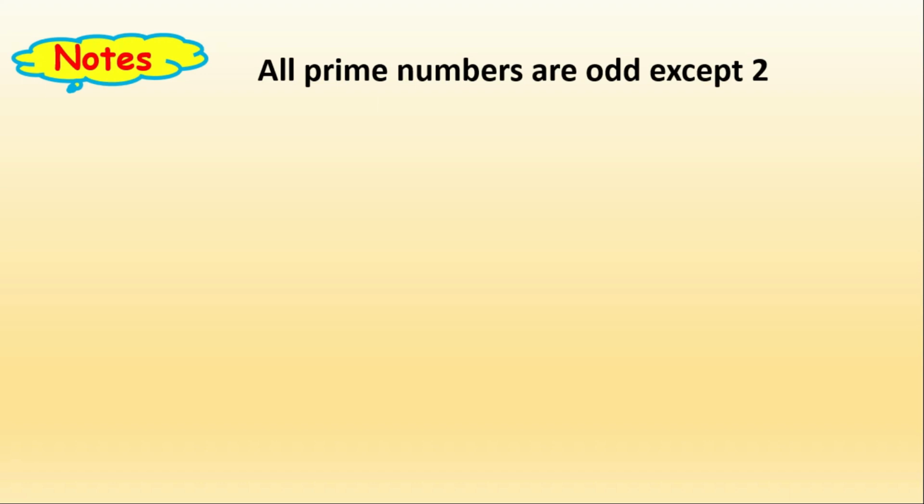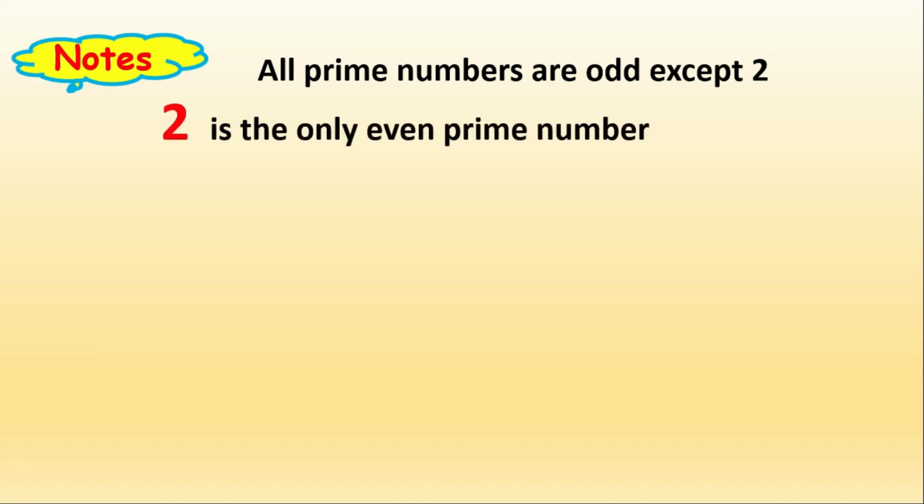We have important notes. All prime numbers are odd except 2. Why? Let's show. 2 is the only even prime number. All prime numbers are odd except number 2. Okay?